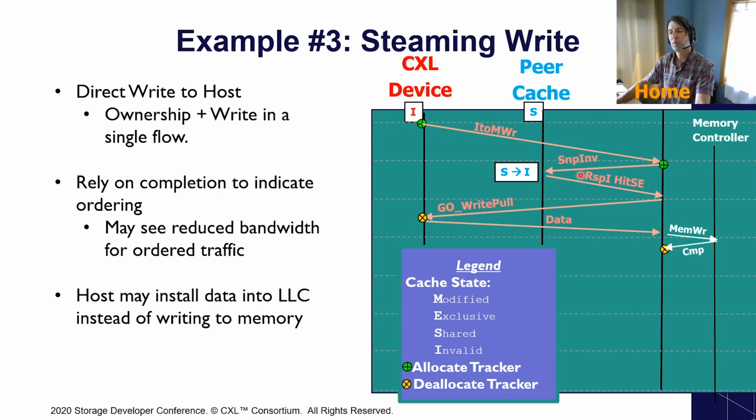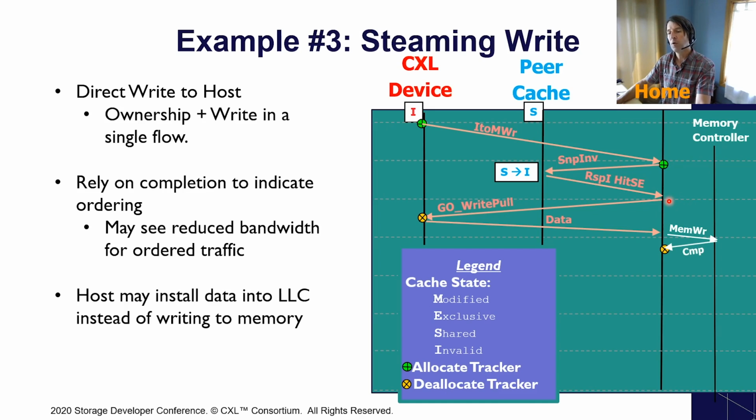Home again resolves coherence in the same way it did before. And in this example, we don't see any read access on that initial ownership phase because it's not asking for the data itself. It's just telling the home it wants to do a full cache line write. So the snoops occur, basically making sure that all peer caches are invalidated.